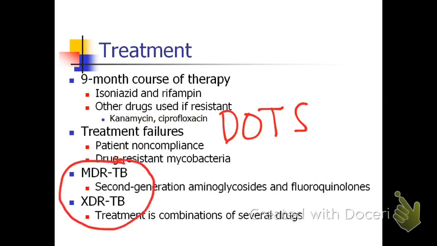Multi-drug resistant tuberculosis, and then extensively drug-resistant tuberculosis, or the XDR-TB. MDR-TB happens when the bacteria had become resistant to the second-generation aminoglycosides and fluoroquinolones. And if there are more drugs wherein the bacteria are resistant, then we call it the XDR-TB.